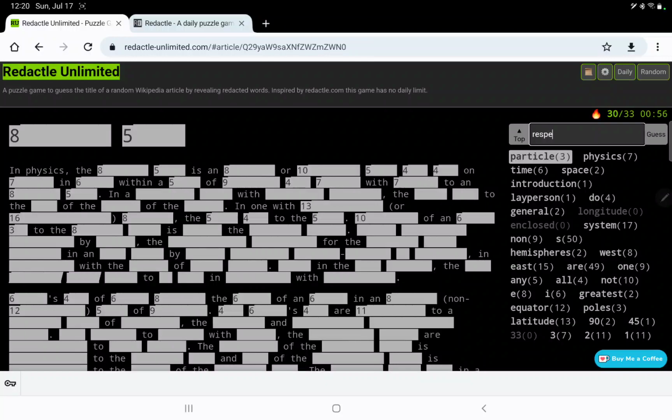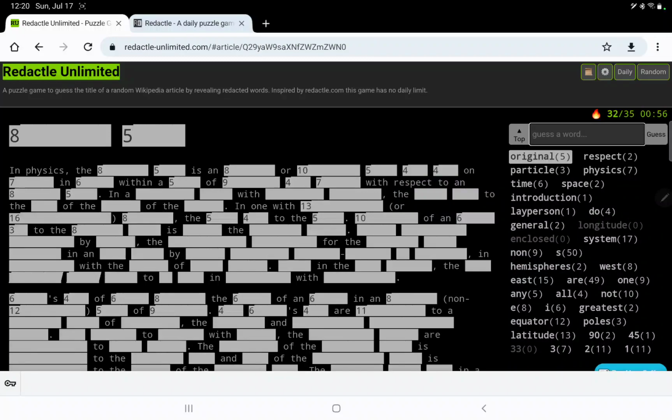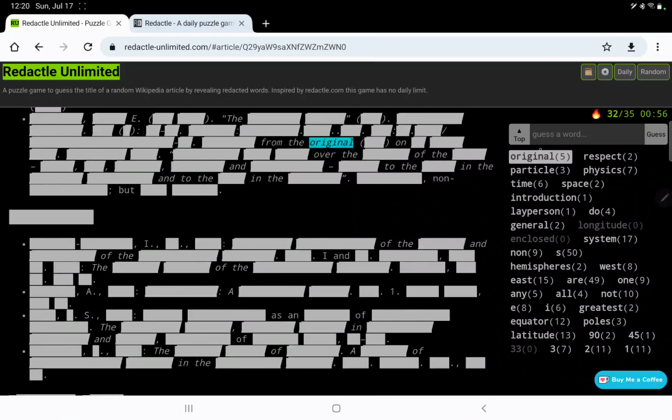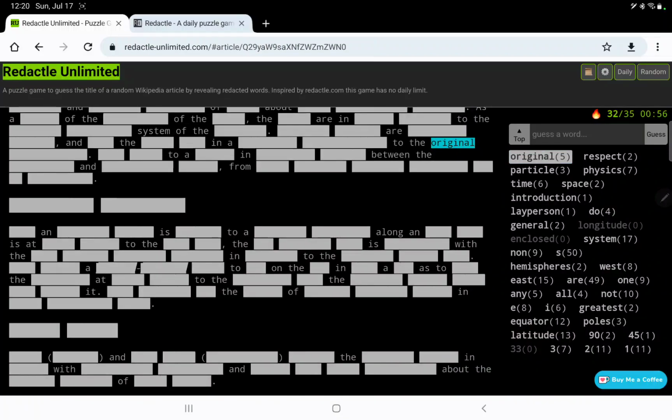"With respect to," maybe? Yes, "with respect to an..." Let's try original as an 8-letter word. Five originals. These are all titles, looks like, from the original.